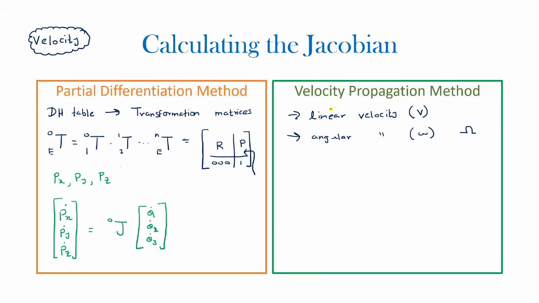As the name suggests, velocity propagation method, you start from the first frame or the 0th frame and work your way up frame by frame until you reach the final frame or the tool frame.